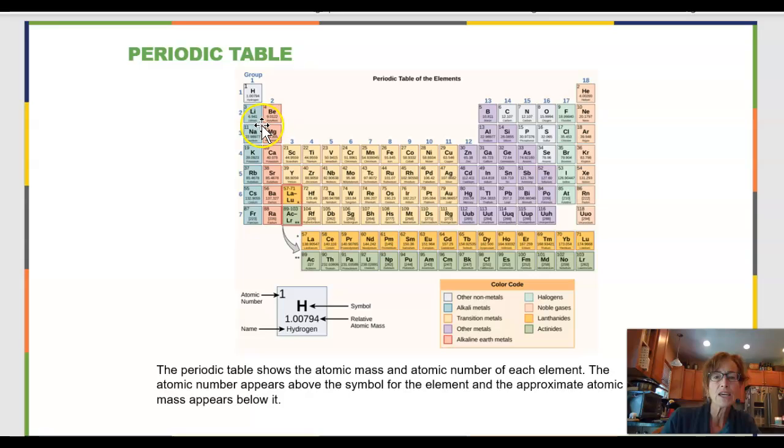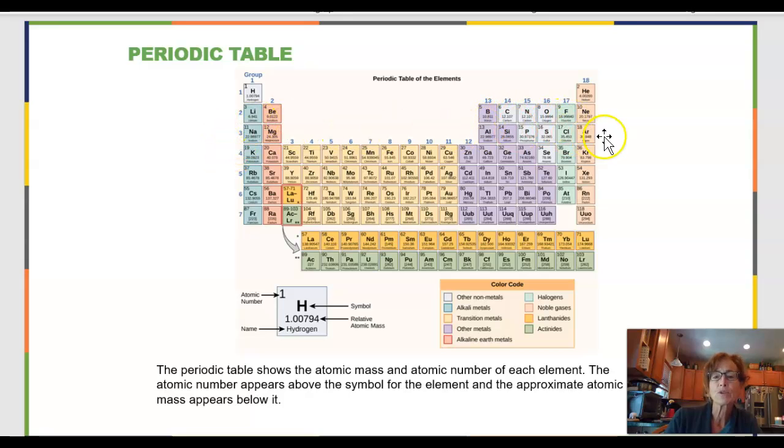But the table basically shows us that the rows, which are called periods, show us that the next one over, if we're reading from left to right, has an atomic number that is 1 greater. So this lithium here is 3, beryllium is 4, and then we go to boron is 5, and so that tells us the number of protons in an atom of each of these types of elements.